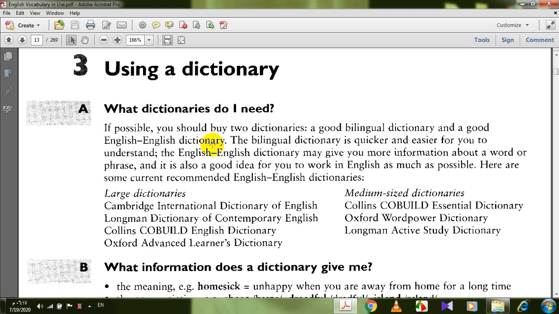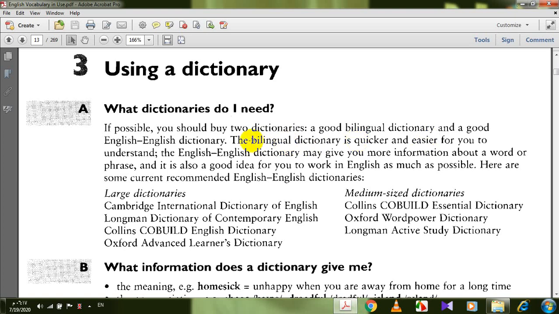It gives you an opportunity to foster, to study more, to become knowledgeable in English. The bilingual dictionary is quicker and easier. This is right. It is easier because it gives you the meaning of the word you are looking up in your own language.